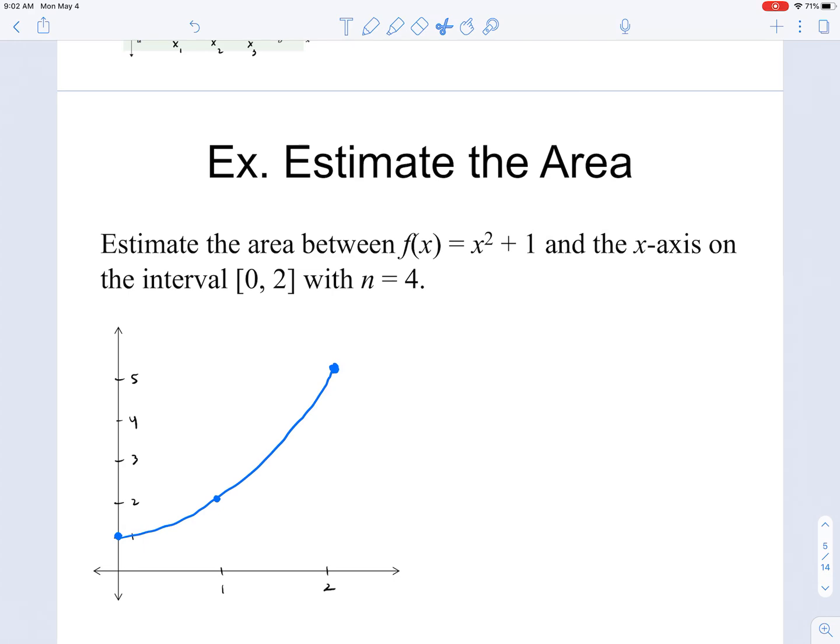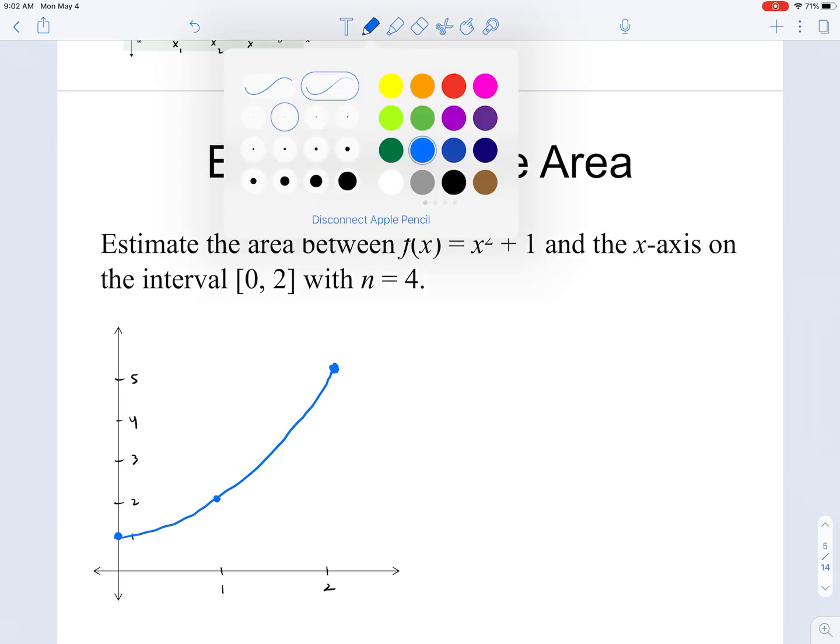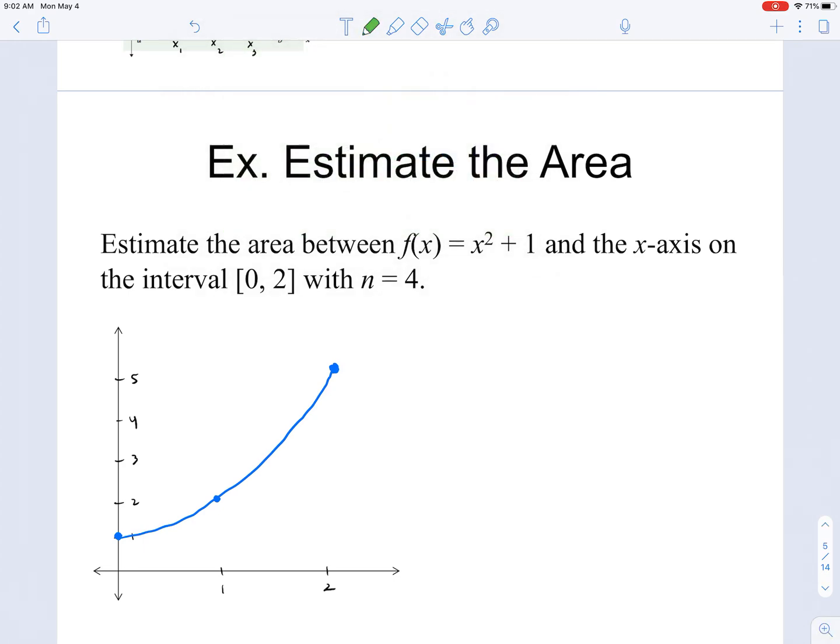Okay, so we're again going to use n equals 4, meaning we're going to create 4 rectangles. And let's figure out what the width of each subinterval would be on the interval from 0 to 2, which would also correspond to the width of each rectangle.